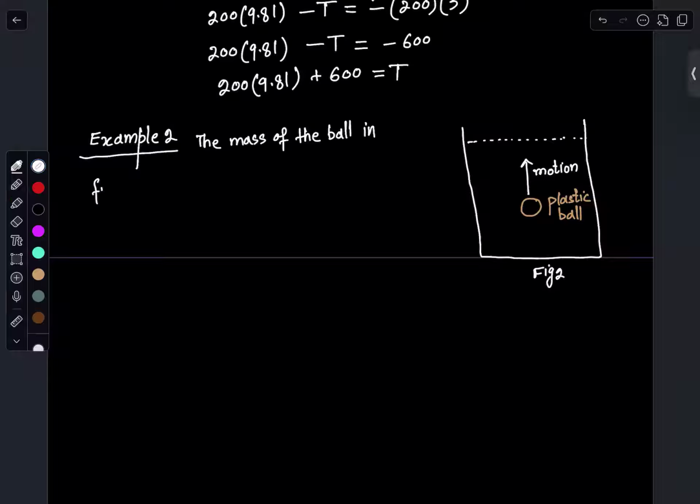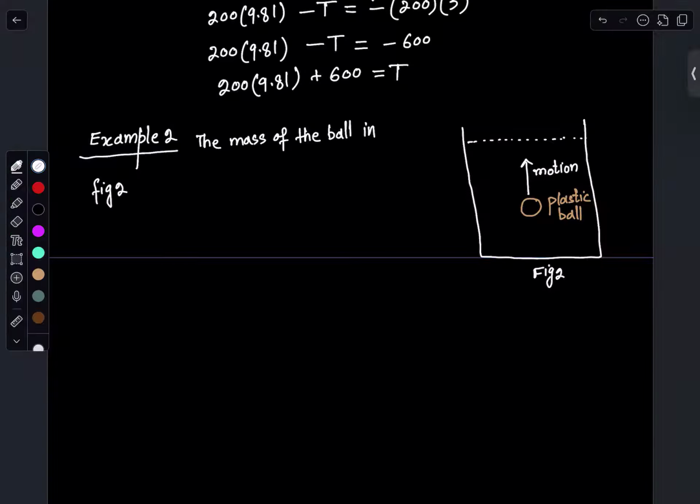The mass of the ball in figure 2 is 200 grams. Upthrust on the ball is 6.0 Newton. Beta, upthrust on the ball is 6.0 Newton.